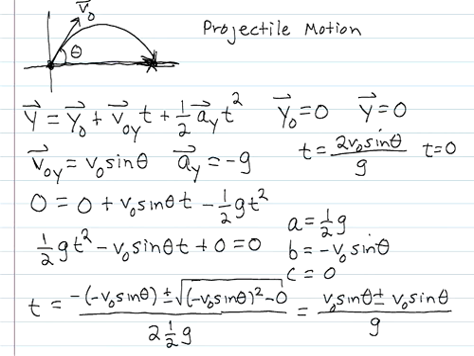And notice that one of them is a number, 0. The other value for time involves a bunch of symbols, but that's okay, because now we can use that result in a variety of circumstances: when the projectile is launched at different speeds, at different angles, and if the amount of gravity changes, we can account for that also.